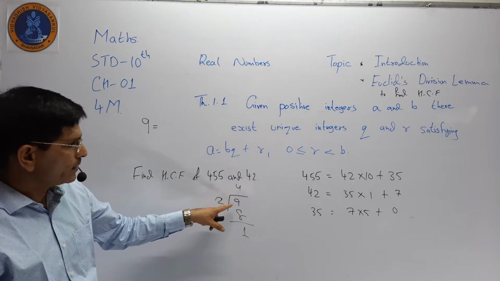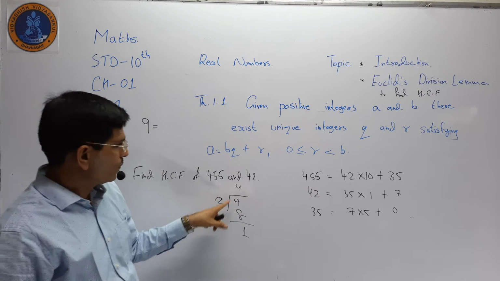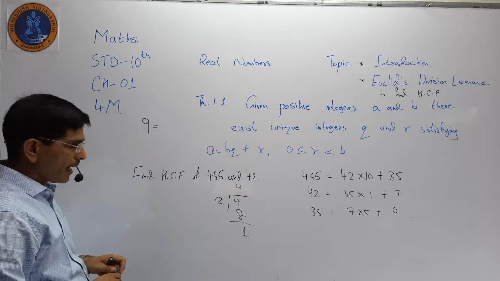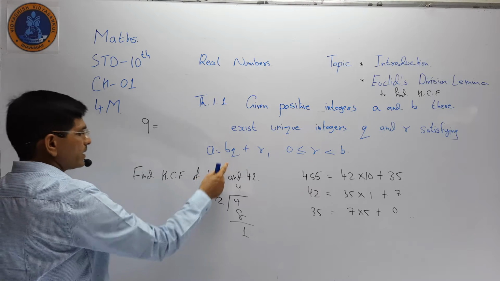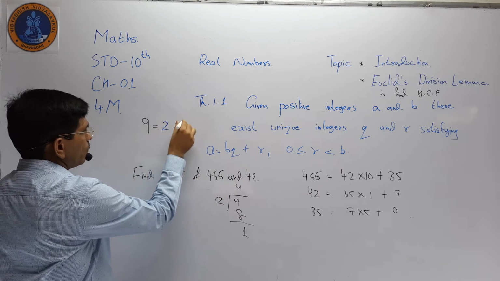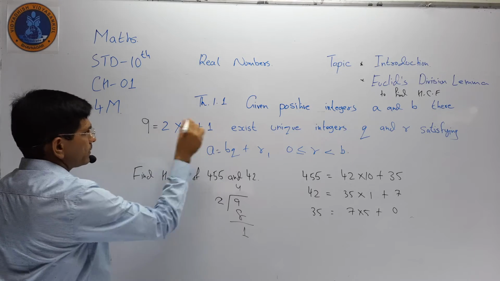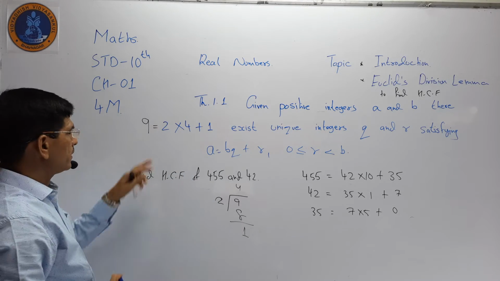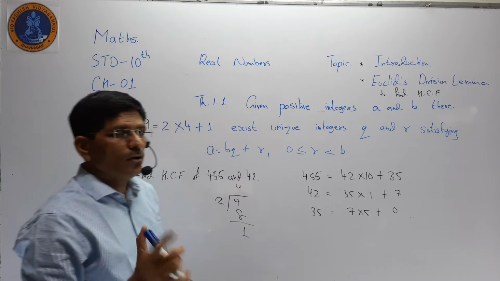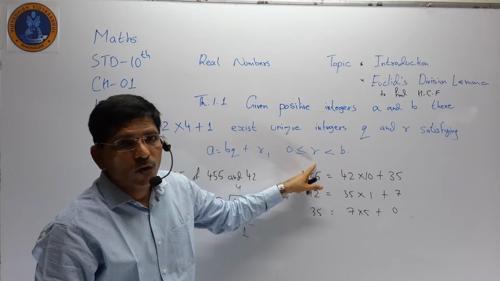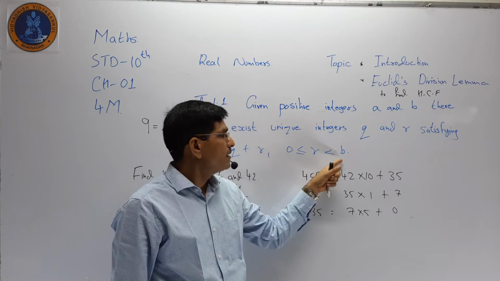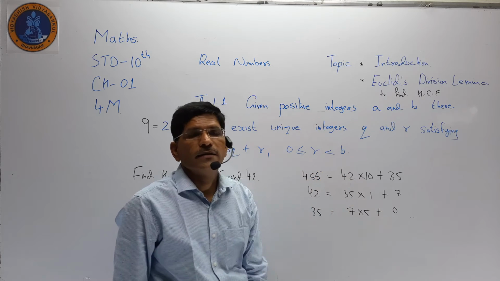So if I divide 9 by 2, 2 fours are 8, remainder is 1. We write 9 equals 2 multiplied by 4 plus 1. The value of the remainder is between 0 and less than b.